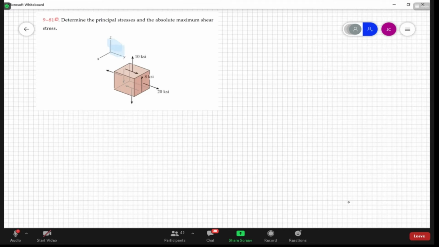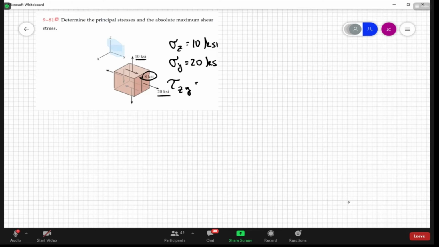What do we have here? Again, for these, I think it's easiest to use Mohr's circle. We have this 10 ksi, which is a normal stress in the z direction. We also have a normal stress in the y direction, that's the 20 ksi. And there is a shear stress of 8 ksi in the z-y plane.